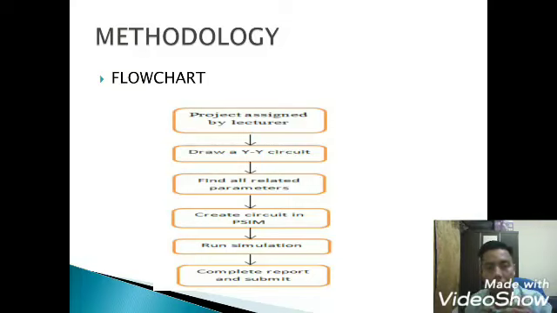Next, we draw a Y circuit. Third, find all related parameters. Fourth, we create the circuit in the simulation software. Then we run the simulation, and lastly, we complete the report and submit.